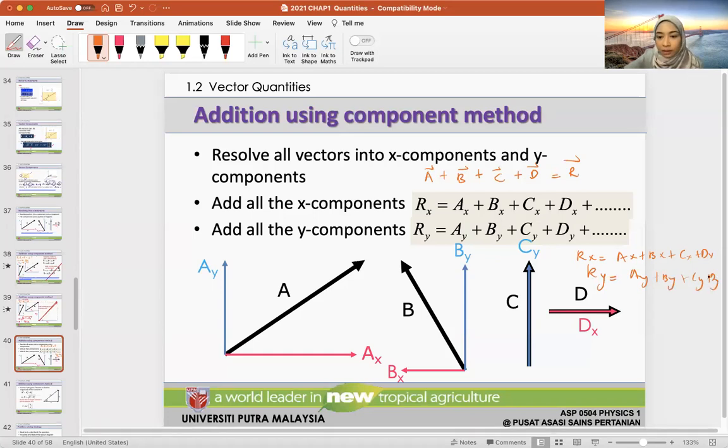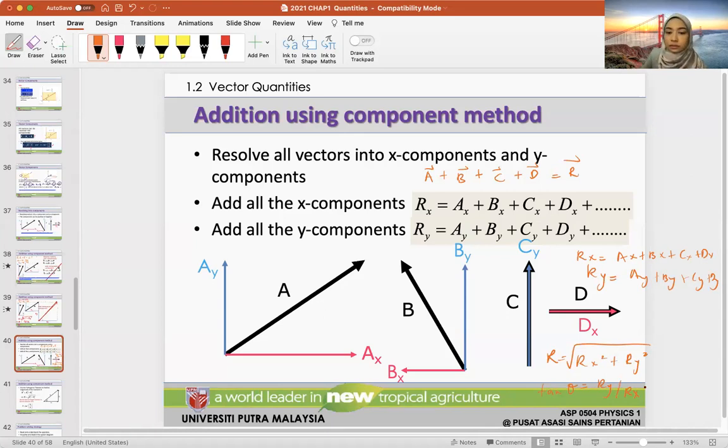Yeah, and then use the math is the easiest way. And then how do you find the magnitude? Rx squared, Ry squared, square root the whole thing. That is your magnitude. Direction, Ry over Rx. Always Ry must be on top. Y is at the top.